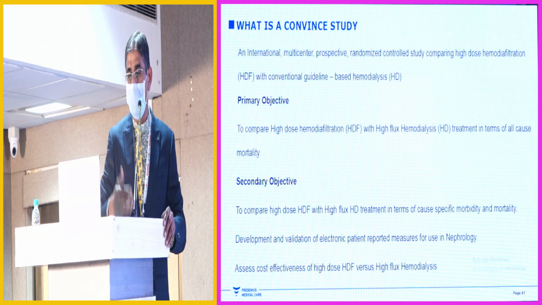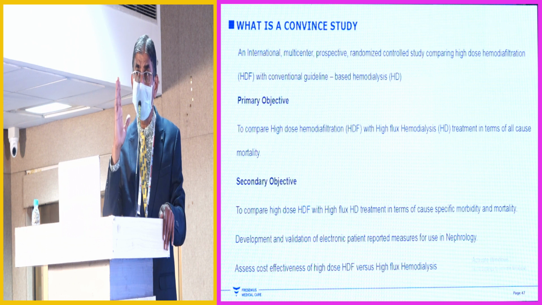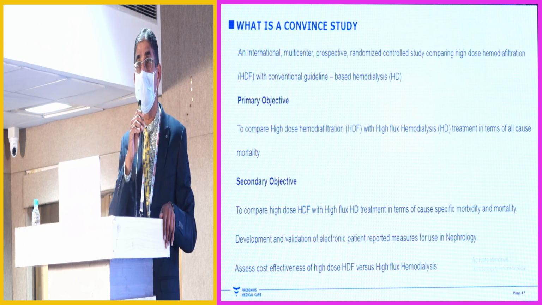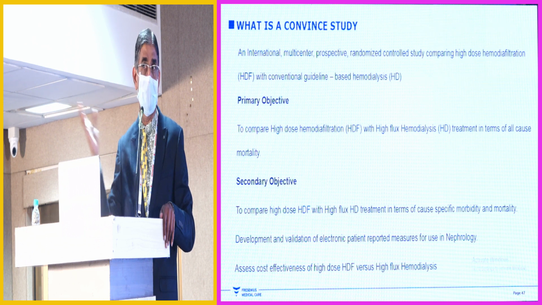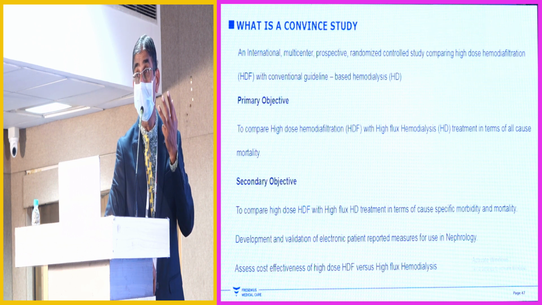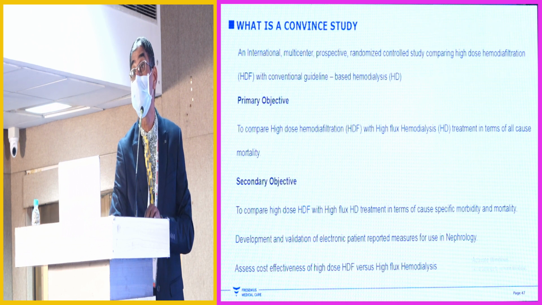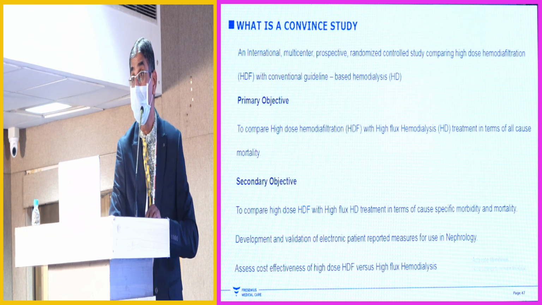The Convince study, the previous speaker did talk about. It talks about somewhere more than 23 liters. So I usually tell my professors and my nephrologists, Indian patients can't go more than 300. The reason is we don't have a needle size in India more than 16 gauge. We don't have 15, we don't have 14.